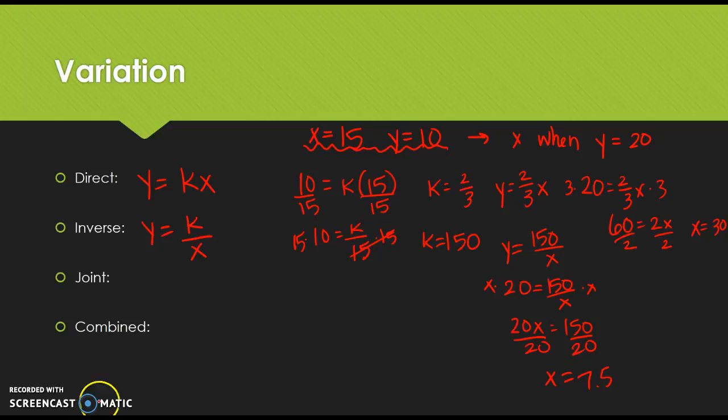Okay. Joint variation is very, very similar to direct variation, but now we've got a z in there. So now we would say y equals kxz. So it's the same steps as before, but I've got that third variable in there. So we've got to find k, use k. And then we looked at a couple of problems with combined, inverse, and direct.